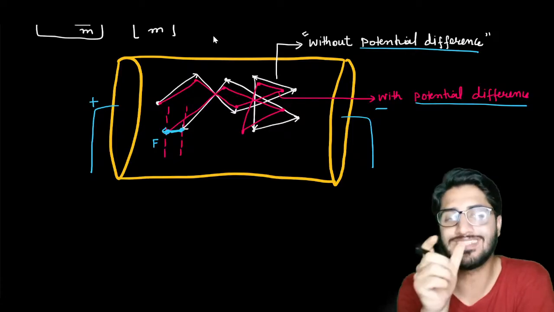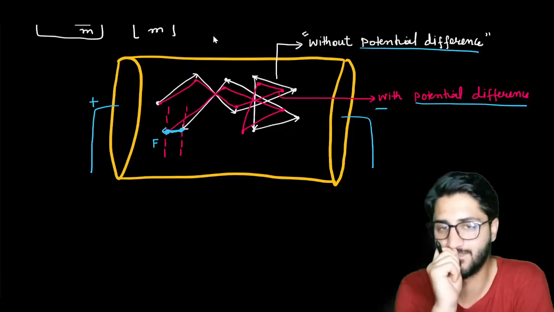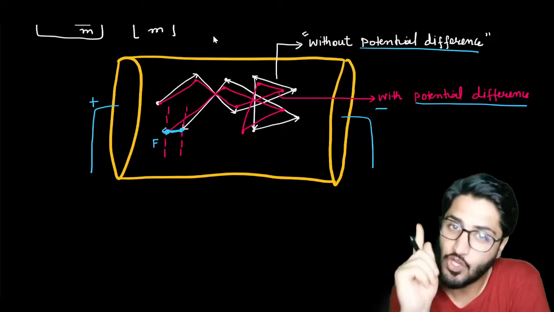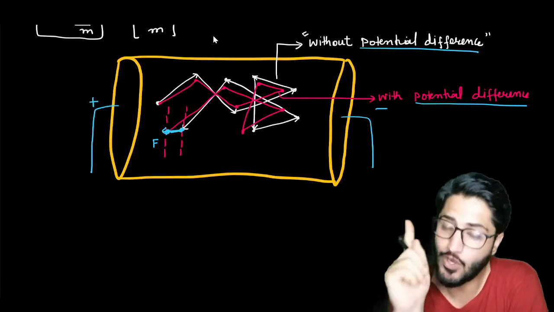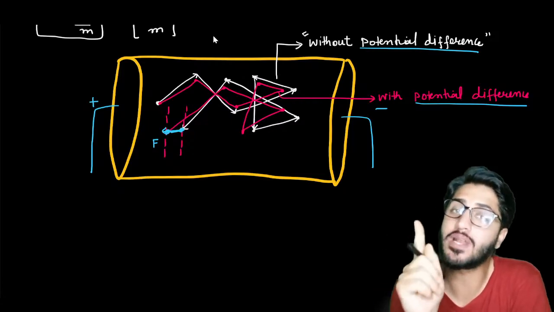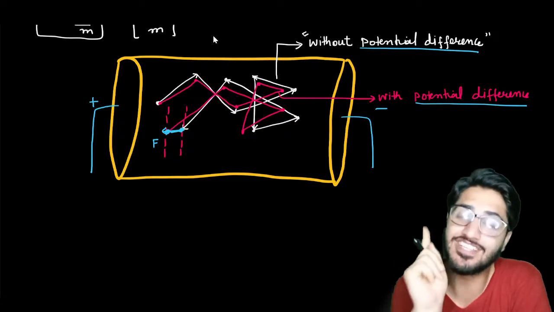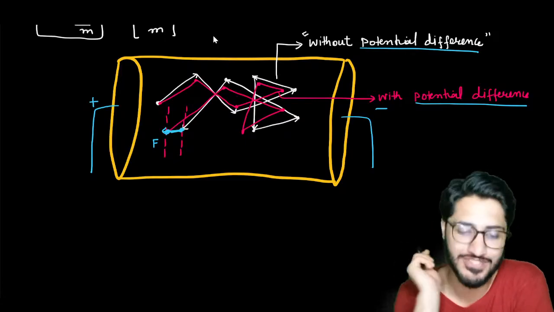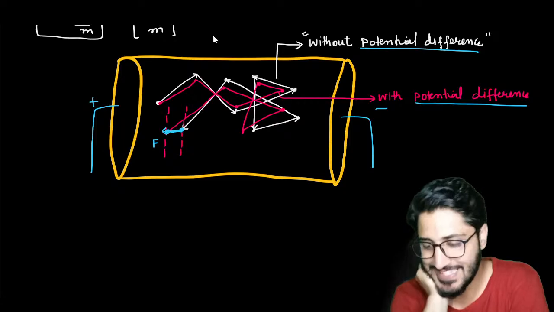Look now, so this electron gets dragged. The velocity by which your electron gets dragged is known as drift velocity. Easy, no?